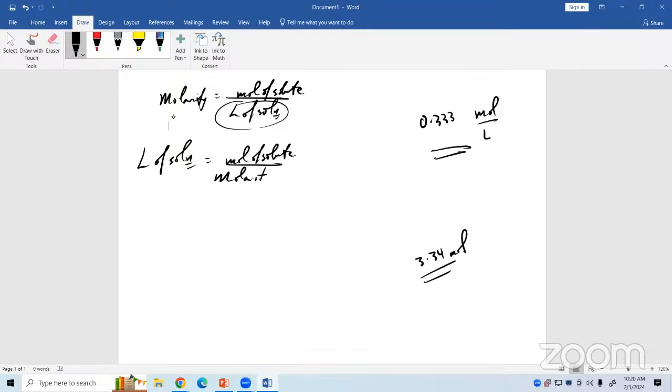We have the molarity. What we don't have directly is the moles of solute. But you're given 2.35 kilograms of the solute, the sodium hydroxide.